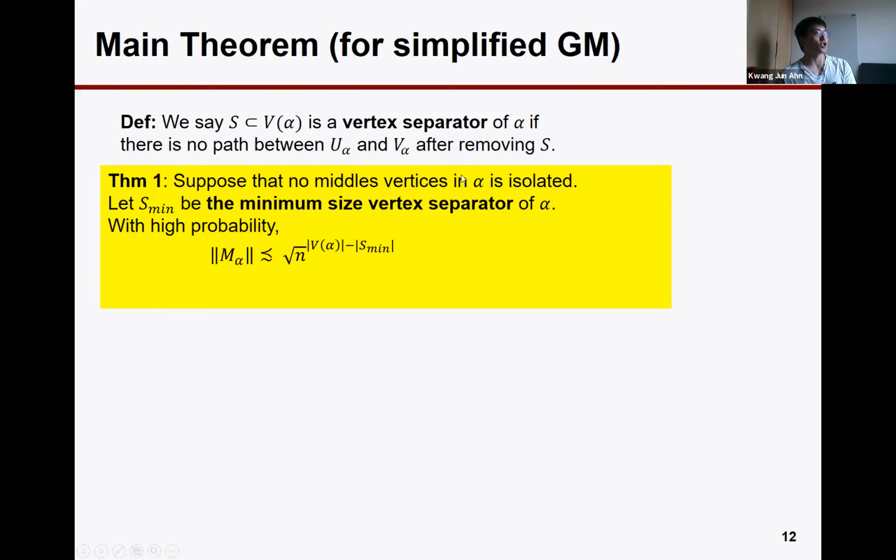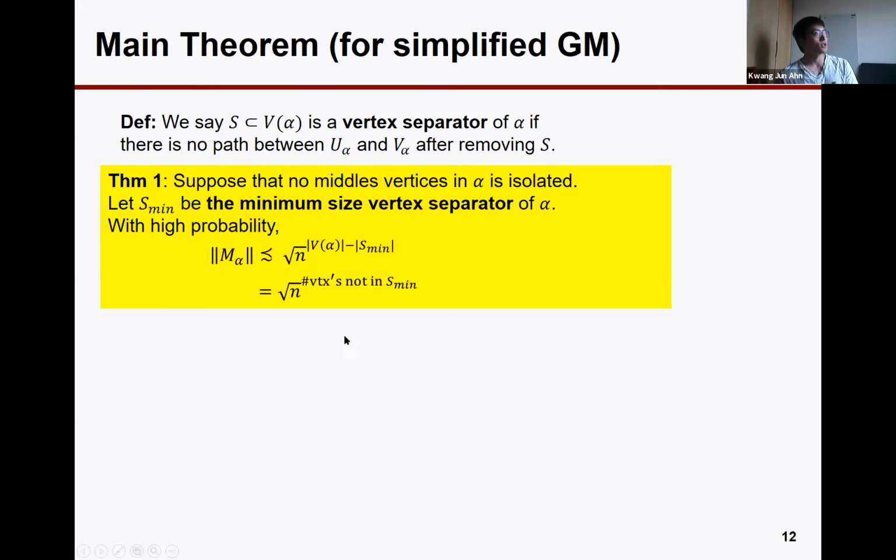So given the shape, the graph matrix corresponding to the shape has a norm bound that looks like this, and there comes up the combinatorial property of the shape. Basically, you just count the number of vertices not in the minimum size vertex separator and put it to the power of square root n.